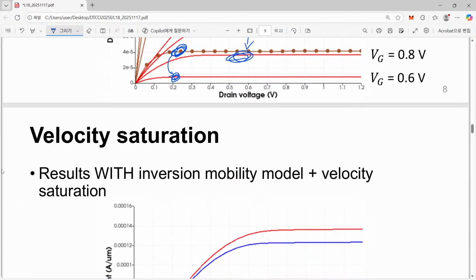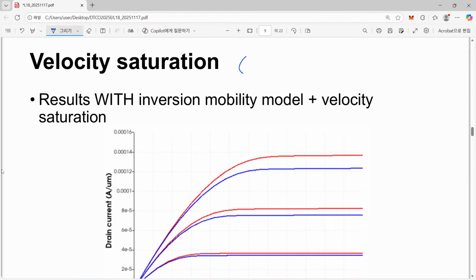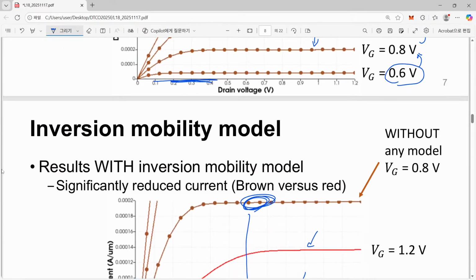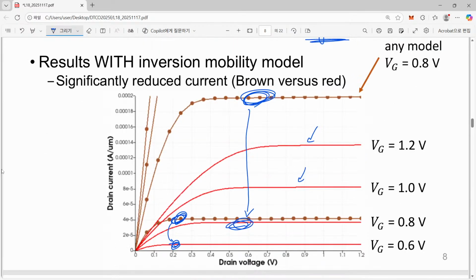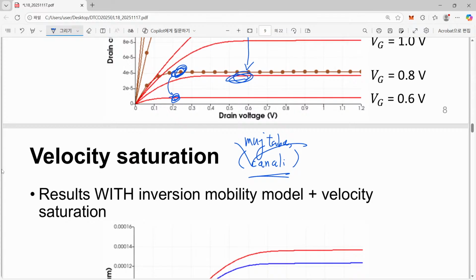Okay, and another one: here we have included the velocity saturation effect with the Canali specification. The previous model was obtained without Canali, just with our device specification, and additionally we have added this Canali model.